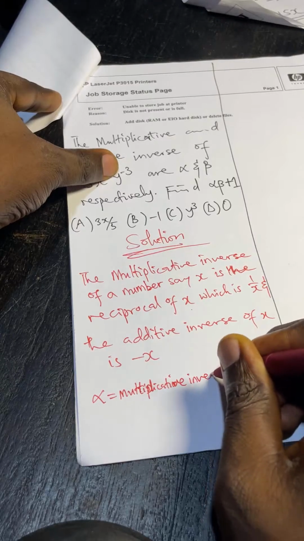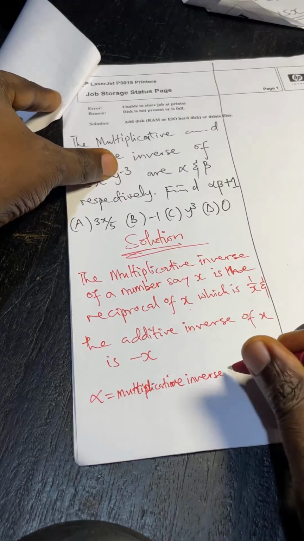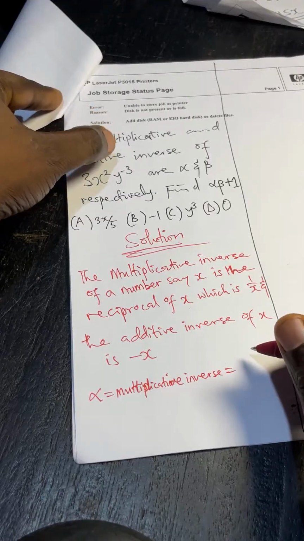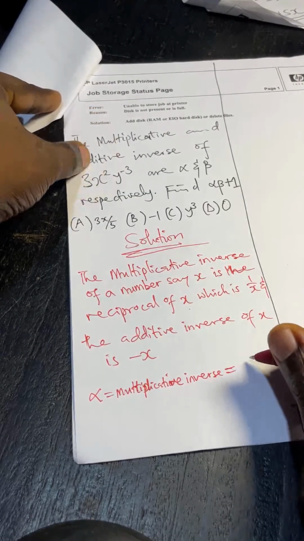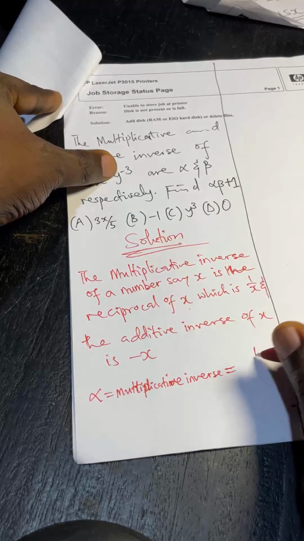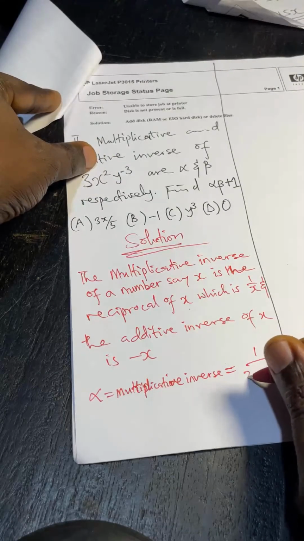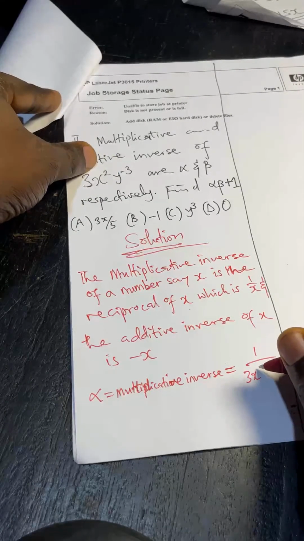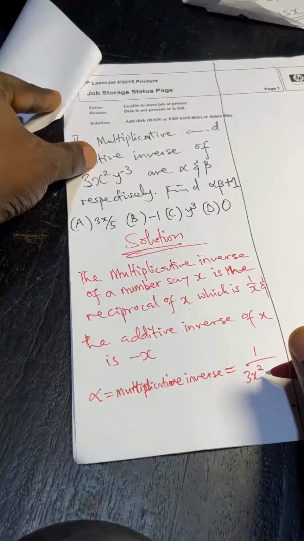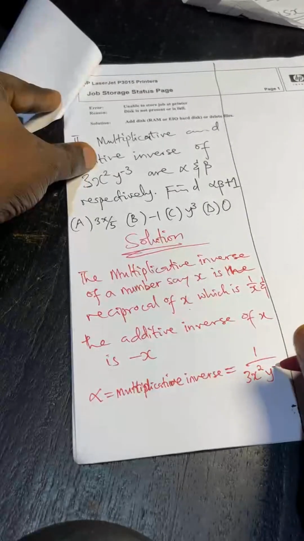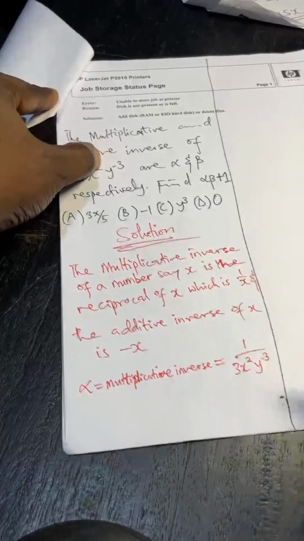The multiplicative inverse of this will be the inverse of that, which is 1 all over 3x square y minus 3, because this is what they gave you.